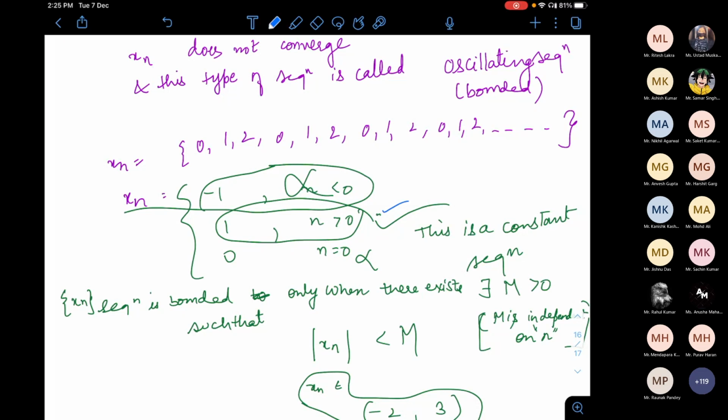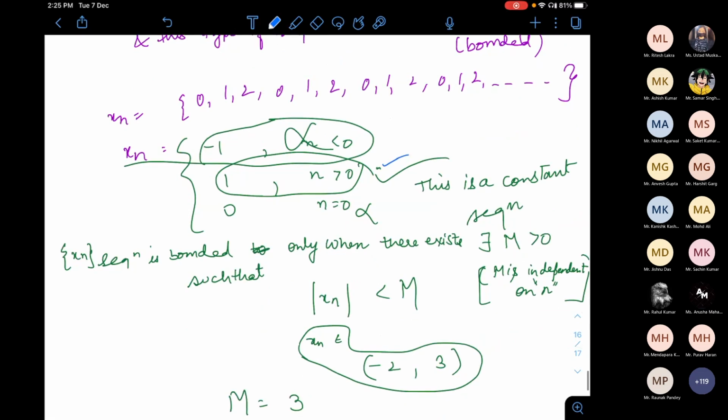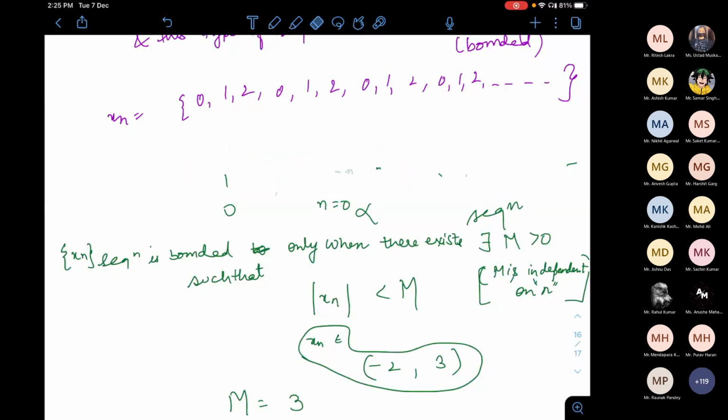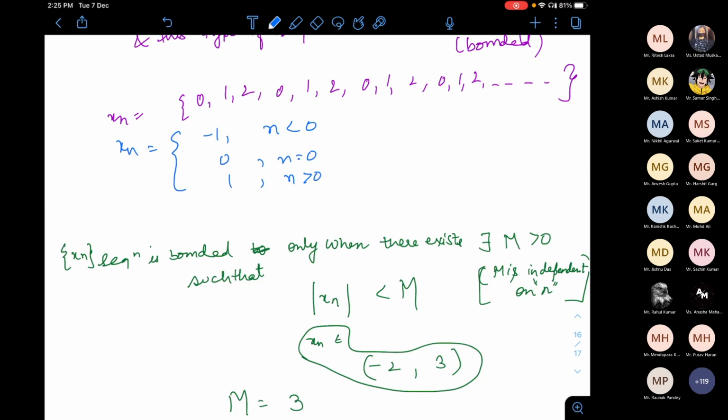They have taken a function which is defined. Yes, it is a constant function. But see, we are taking natural numbers, so natural numbers can't be negative.